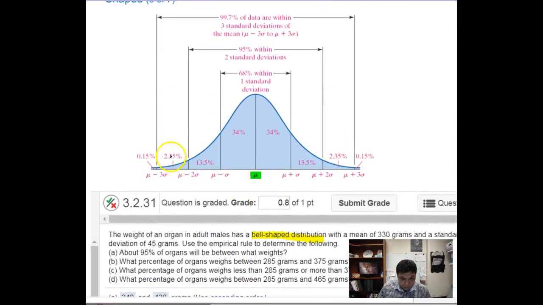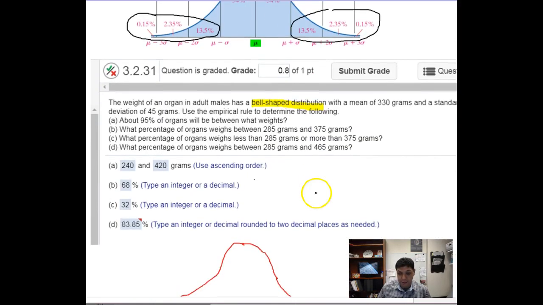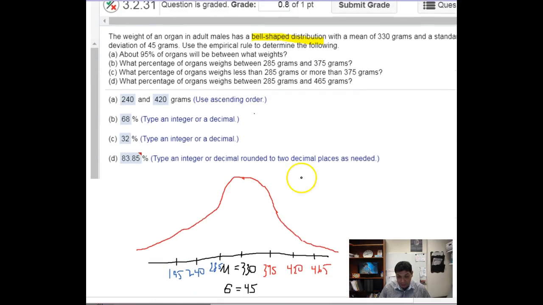You could also add these values up: that turns out to be 16% and 16%, because this is less than 1 standard deviation, and more than 1 standard deviation on the other side. So what this question is really asking is what percentage are more than 1 standard deviation away from the mean. So we're looking on the outer sides of 375 and 285.